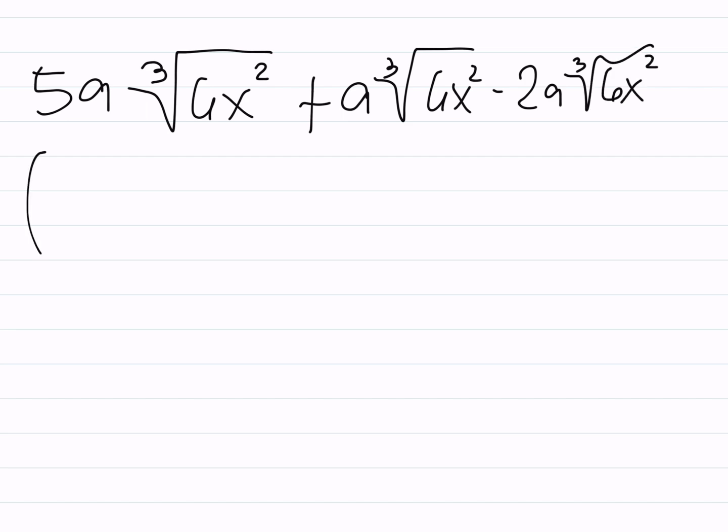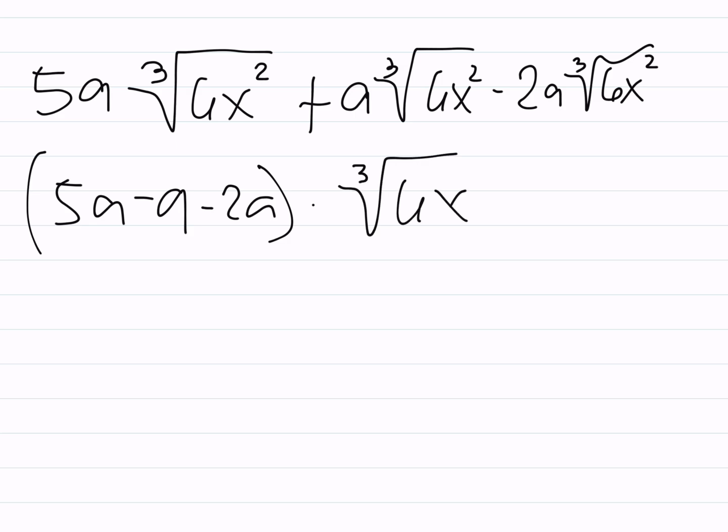Okay, so again, combine. So 5a plus a minus 2a times the cube root of 6x squared. Next, 5a plus a. So the variable a has a base of 1 because 1 is an invisible number.